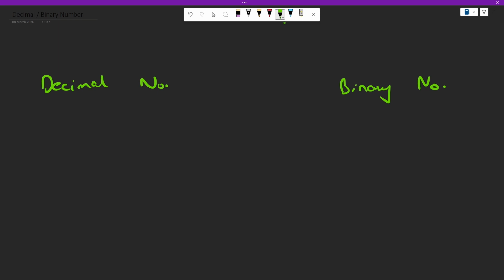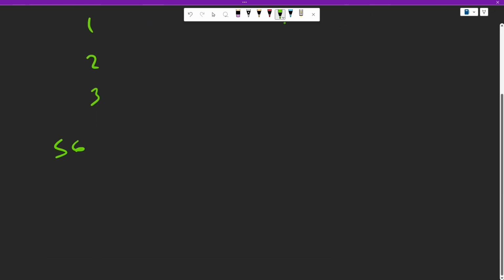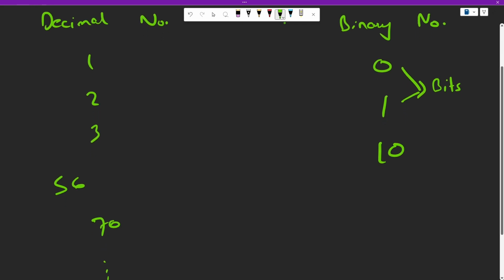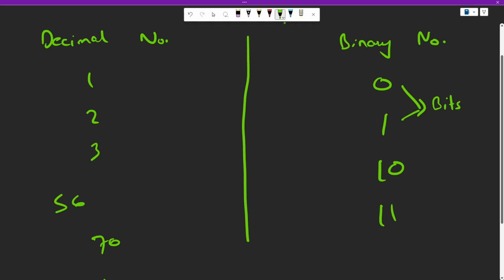Decimal numbers are the normal numbers which we know: 1, 2, 3, then 56, 70, and so on. And binary numbers are 0 and 1. A binary number is represented by zeros and ones, and we also call them bits. When we say 2, we write it like 10. When we say 3, we write it like 11. So these are decimal and binary numbers.